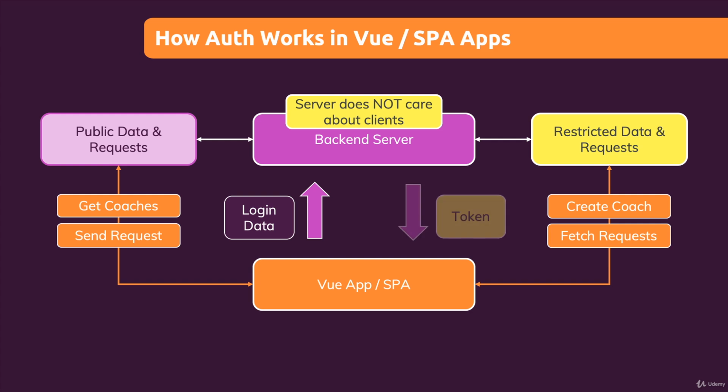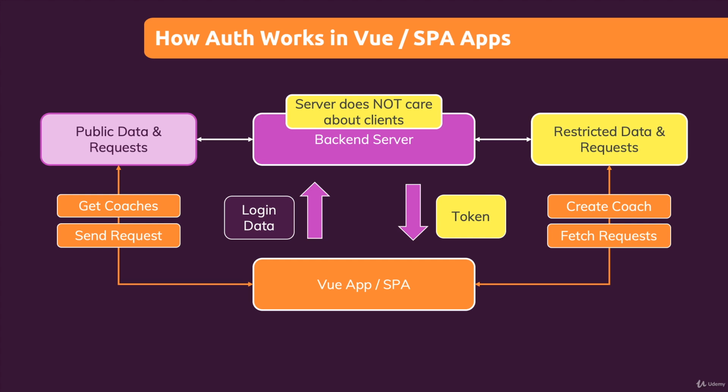It'll send back a token to the front end, back to the single page application, in our case, back to the Vue app, once that login data is validated and verified. So if it is a valid user who's trying to log in, if that data could be confirmed, the server generates a token, which is in the end just a very long string, which is sent back to the client.